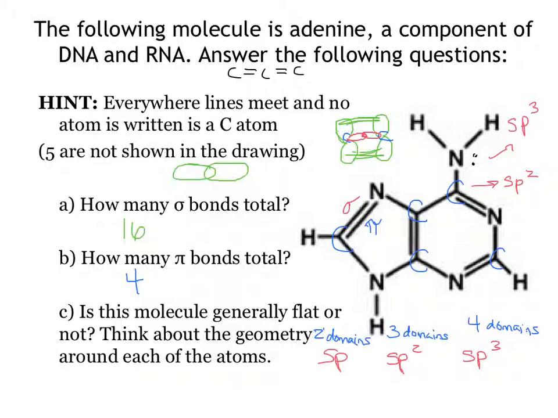The other thing you could see if you have 2 unhybridized p orbitals to work with is you could combine them on top of each other. What would it look like if I had 2 pi bonds on top of each other? What kind of bond is that? It's a triple bond. So that's the other thing you can do with sp hybridization: you could have carbon triple bonded to something and single bonded to something else.